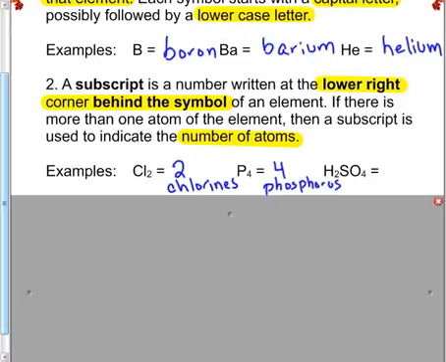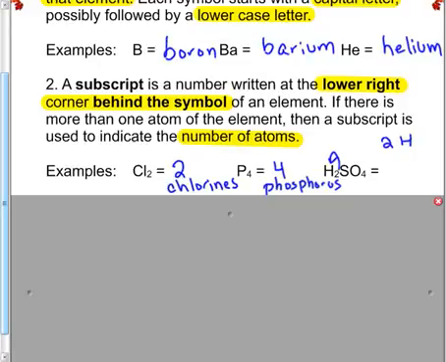H2SO4 has lots of different elements, which is okay. Every capital letter is a new element, so what we can see is that there are 2 of the hydrogen. Now SO, be careful, both capital letters. That must mean that each one of those is a different element. So the S doesn't have a number.